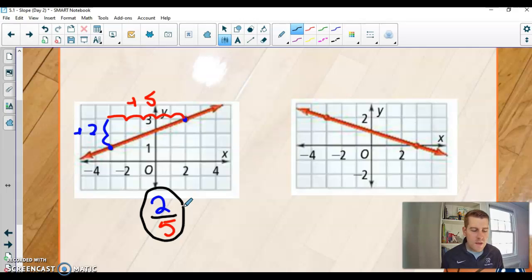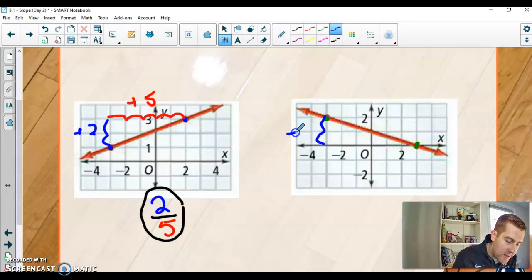Okay? The next one, same idea. I want to see how we are traveling along this line. From point to point, what is my change in y over change in x? First, let's calculate the change in our y values. I want to always go left to right like we're reading a book. So in this case, we go down 2 units. My y values are decreasing by 2.